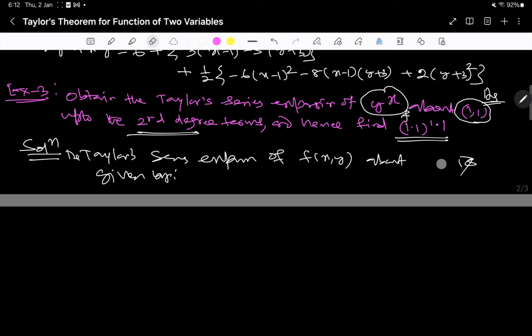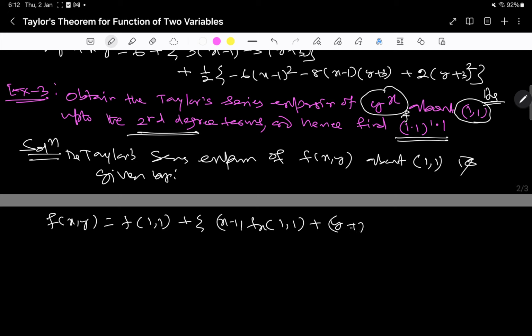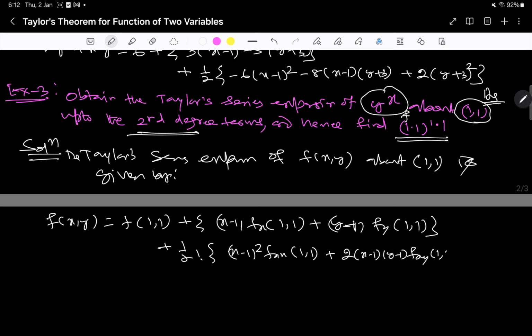It is given by f of xy is equal to f of 1, 1 plus x minus 1 fx of 1, 1 plus y minus 1 fy of 1, 1, then plus 1 by factorial 2 of x minus 1 square fxx of 1, 1 plus 2 into x minus 1 into y minus 1 fxy of 1, 1 plus y minus 1 square fyy of 1, 1.